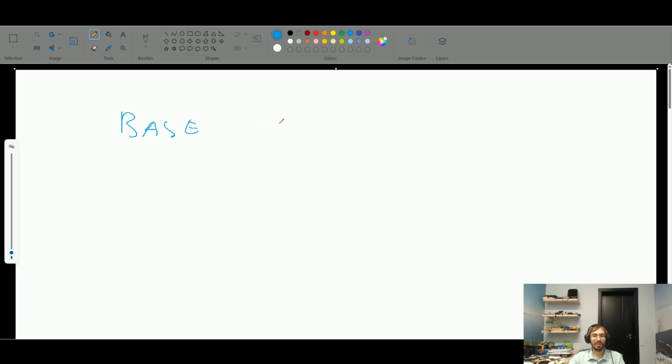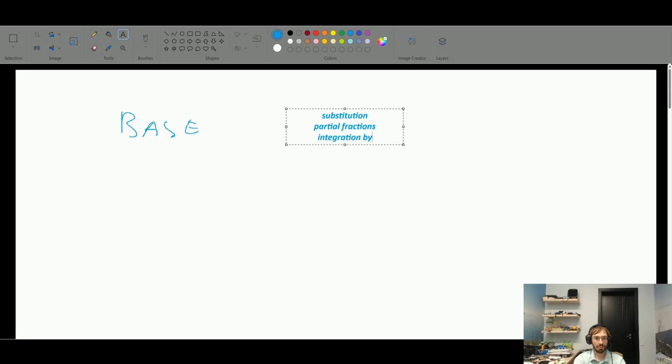Then there will be several special ways or methods of integration, and those methods will include substitution, then partial fractions, integration by parts, there will be also ln and reverse chain rule method.